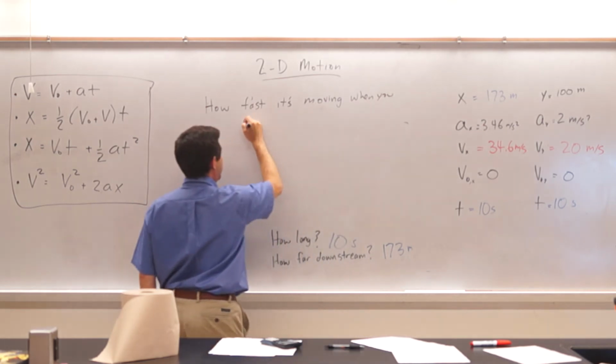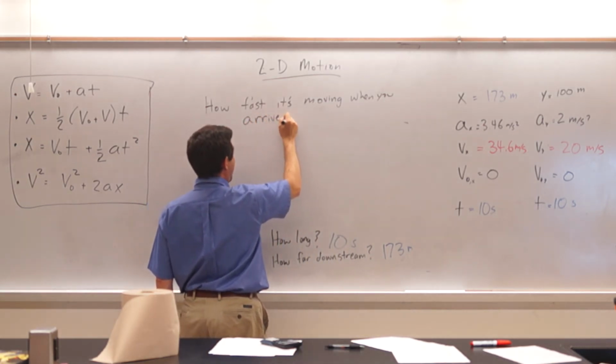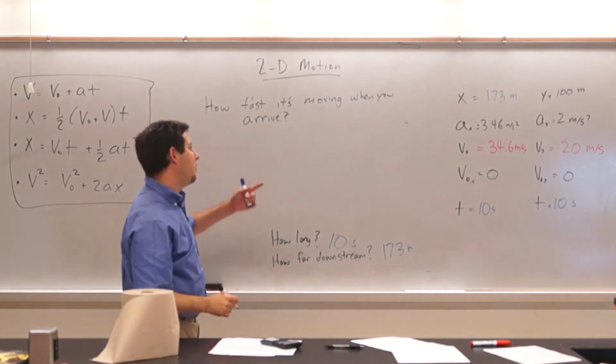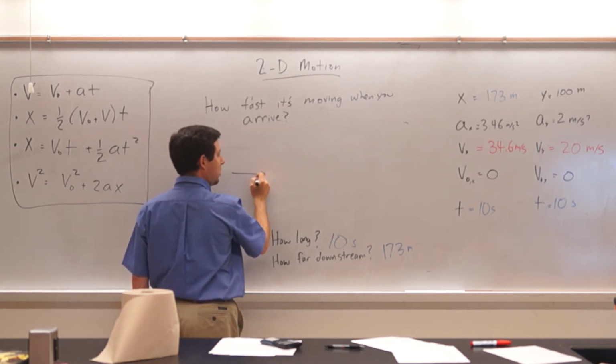When you arrive, you'll find out it's pretty fast, so you better have a good plan to slow down your boat. Well, you know V sub x is 34.6.